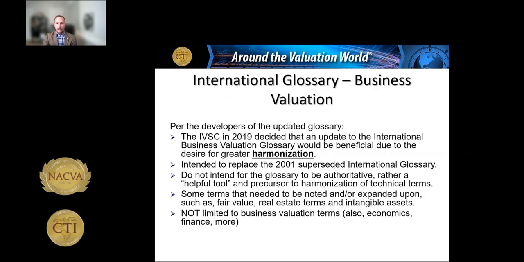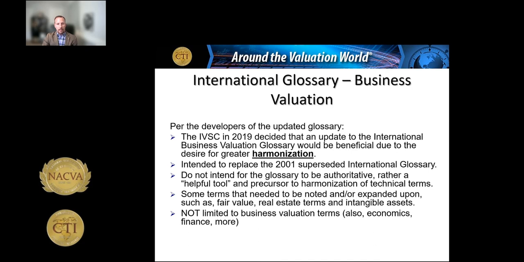As many of you know, I know this isn't a current standards resource tool, but many of you should be aware that the business valuation glossary has been updated. It was recently updated in, I believe, January of 2019, intended to supersede and replace the 2001 edition.